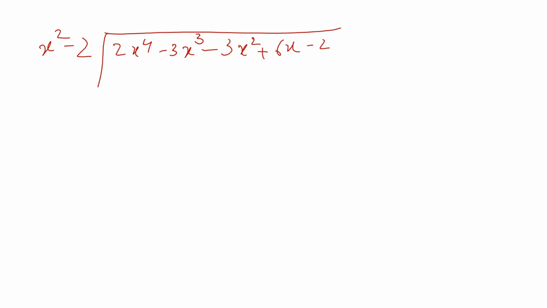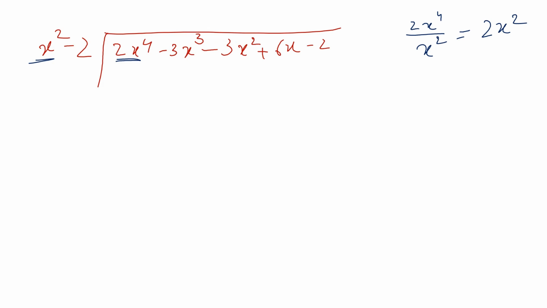first term, the highest degree term in dividend and divisor, and divide them both. So 2x^4 divided by x^2, what we get is 2x^2.